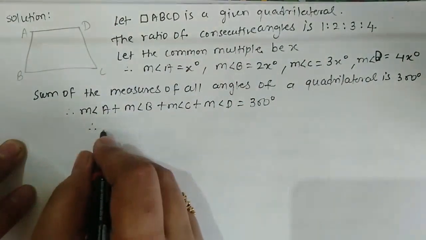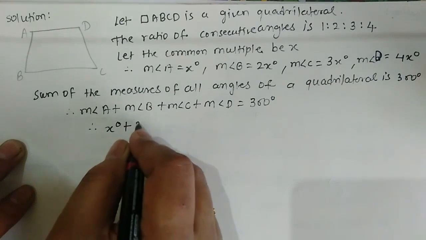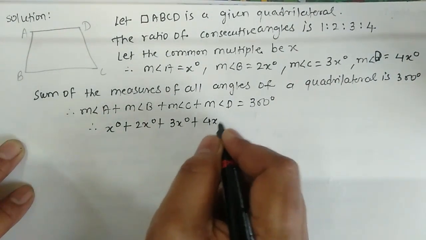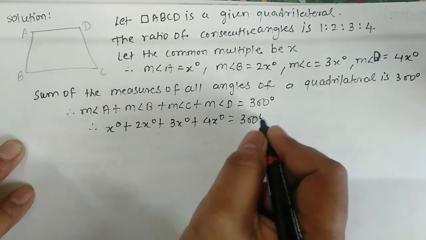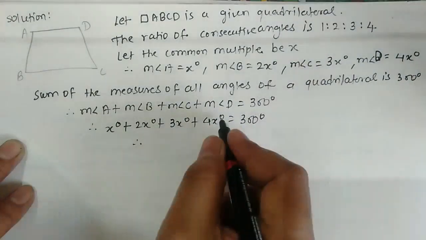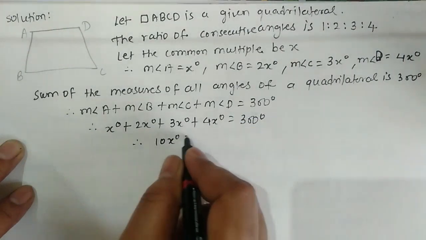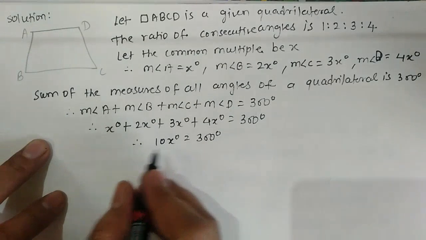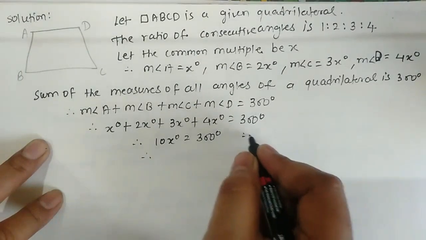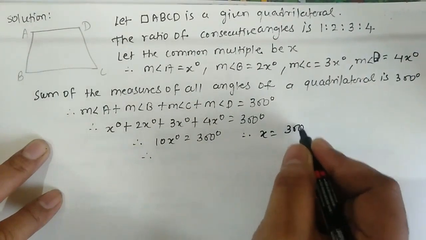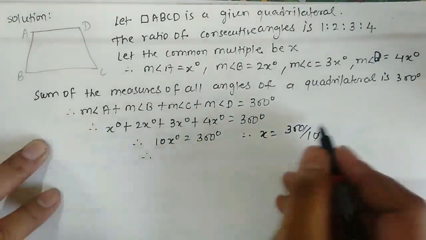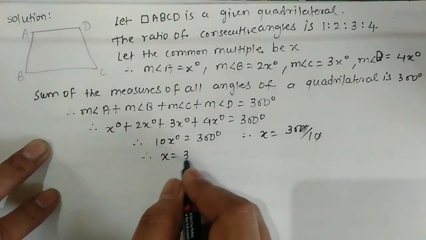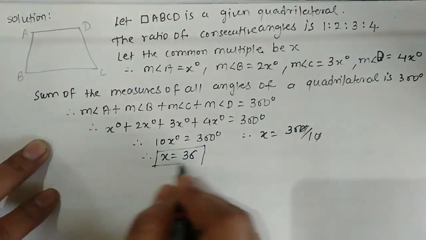So put the values. Therefore, x degrees plus 2x degrees plus 3x degrees plus 4x degrees is equal to 360 degrees. Therefore, take the addition here: 10x degrees is equal to 360 degrees. So therefore, x is equal to 360 divided by 10. So cut the zeros. Therefore, x is equal to 36.